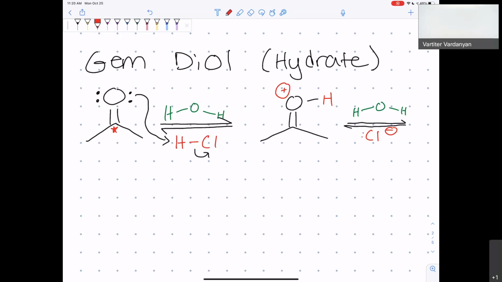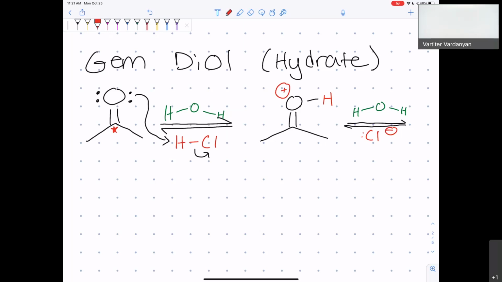So what do you guys think the next step could possibly be? Okay, great. So what's the idea behind that? Why do we think that? Perfect. That is a perfect answer. So since it's an addition reaction, we want to have a nucleophile attacking the electrophile.